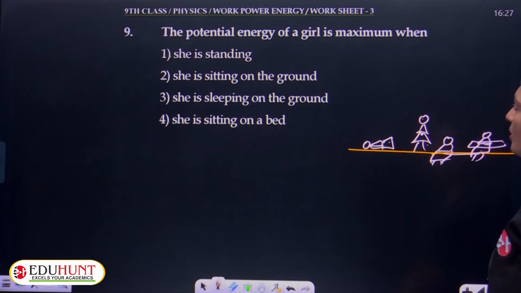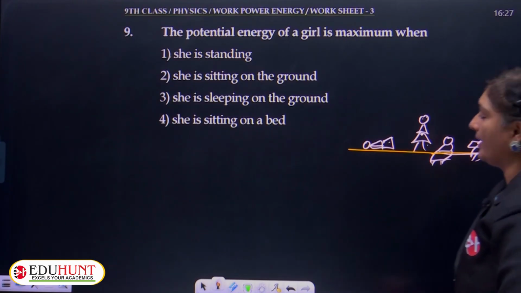So among the 4 cases, which one will have more potential energy?